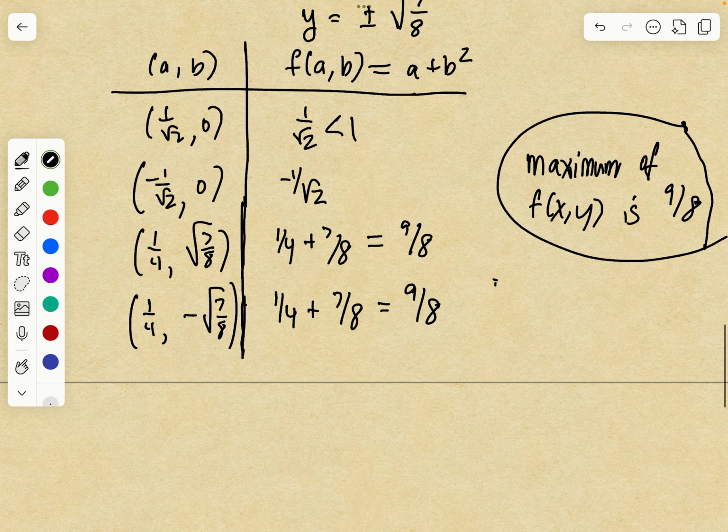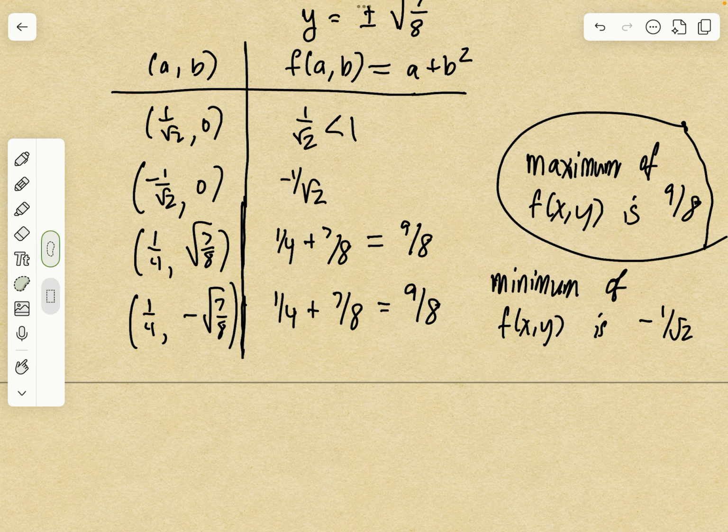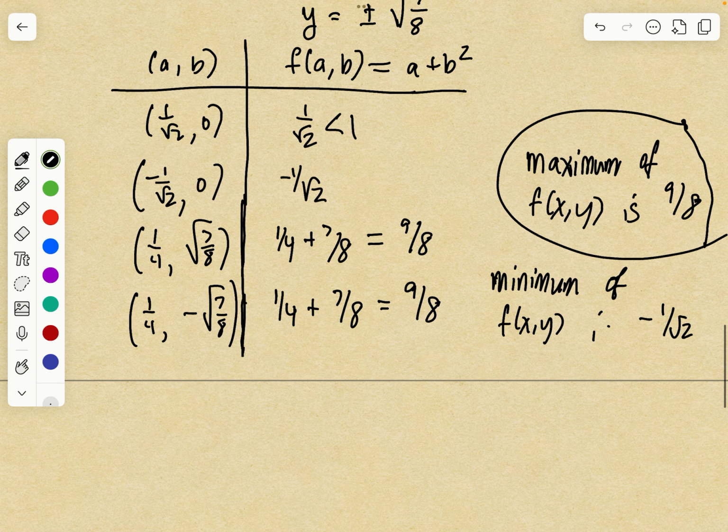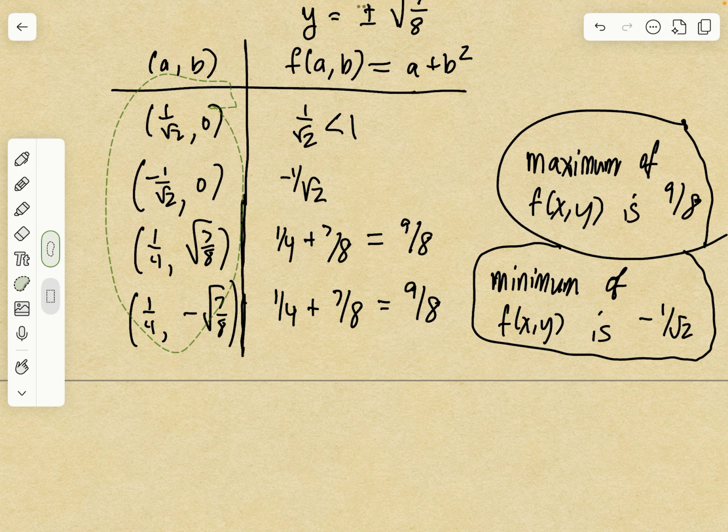And the minimum is what? Negative 1 over root 2, because it's negative. The other ones are positive. And remember, when it says find the maximum and minimum of a function, the answer is not going to be one of these points.